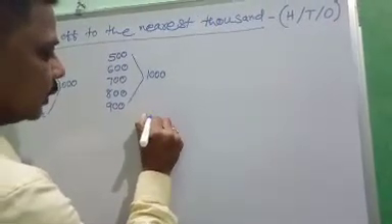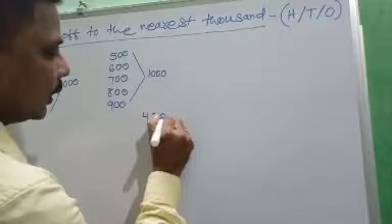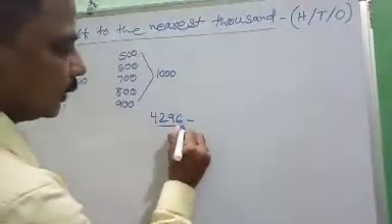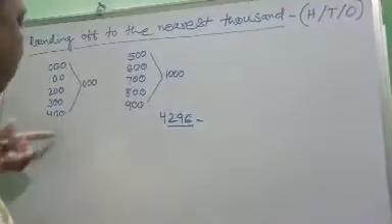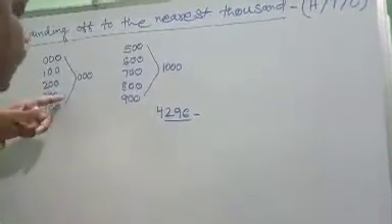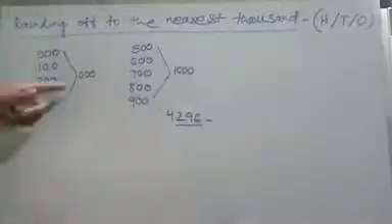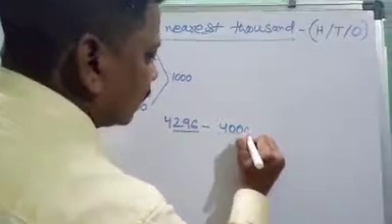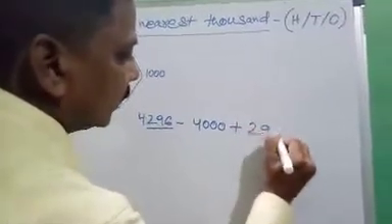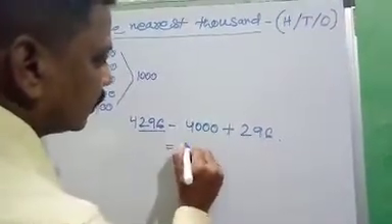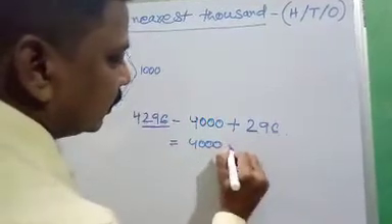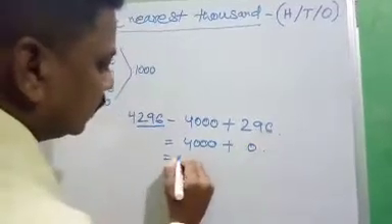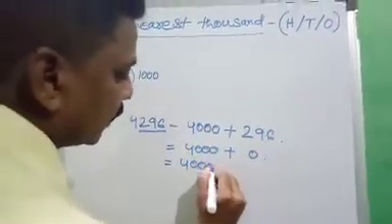Okay. Let's take an example. Suppose 4296. We have to look at these 3 places, 296, means it will come under this group, then its value will become 0, means 4000 plus 296. 4000 plus 0, then it is 4000.